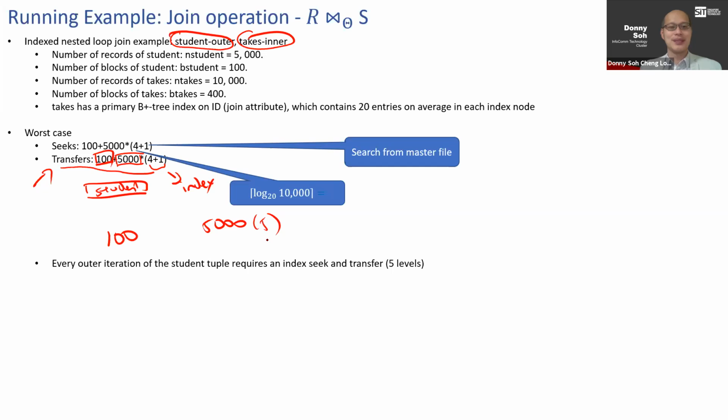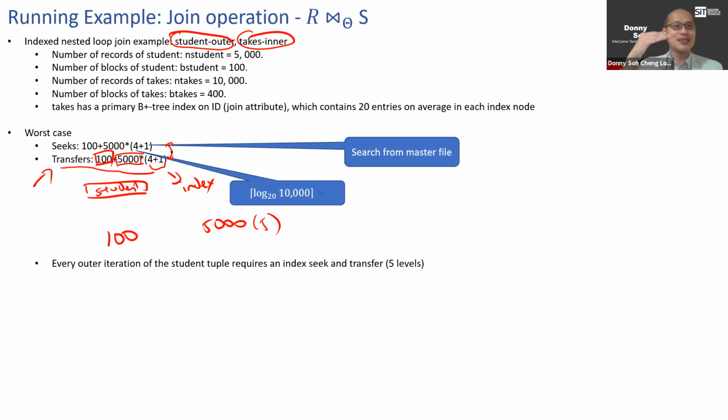In the same way, the number of disk accesses required is going to be the same as the number of transfers, which is why we see that these two numbers are the same. In this particular scenario, it will always be the same, because the number of times you do a disk access is similar to what we analyzed in the last one or two forms of joins.